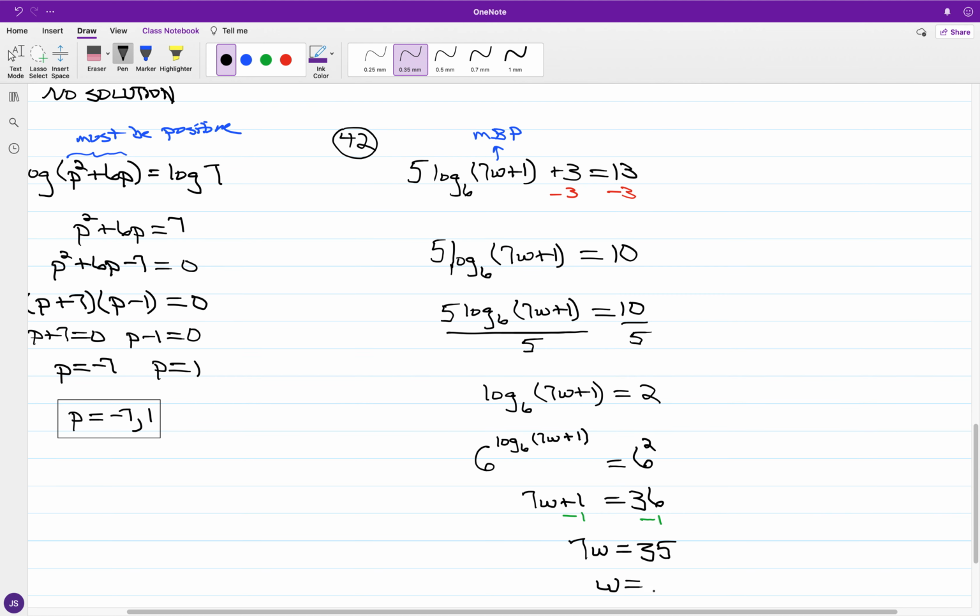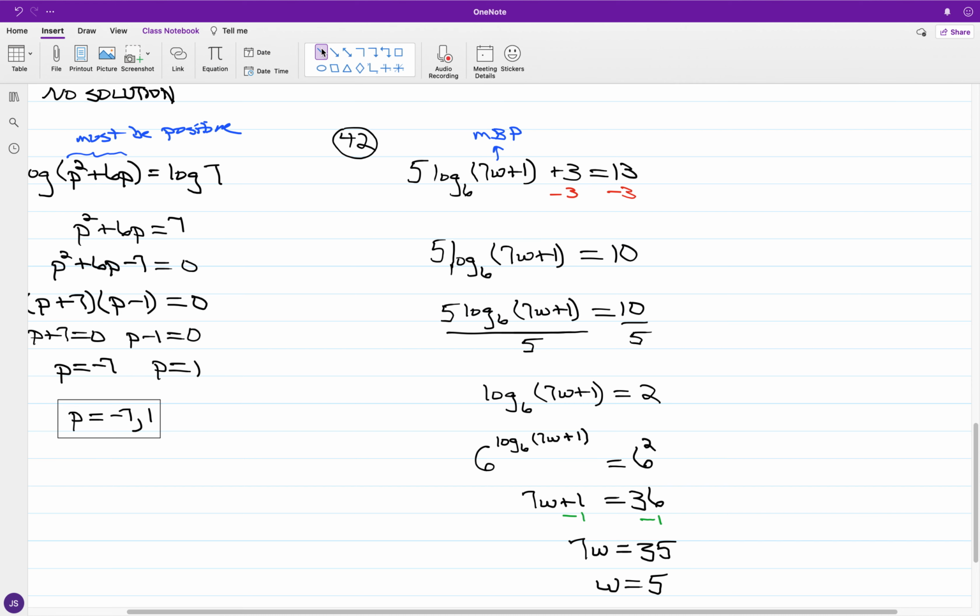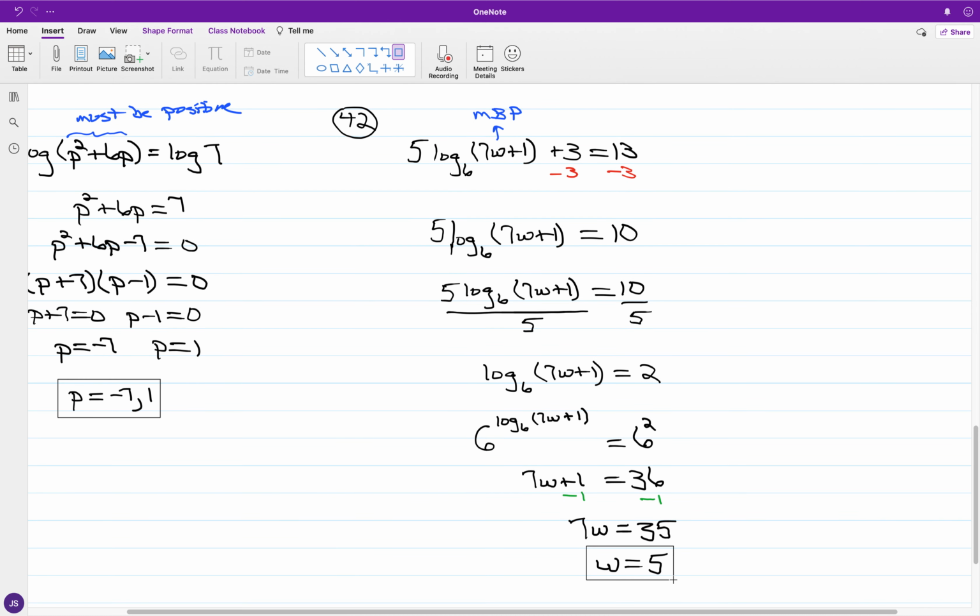Okay, we have an apparent solution with w equal to 5. Checking w at 5, 7 times 5 is 35 plus 1 is 36, and 36 is positive, and so we do have 5 as the unique solution in w.